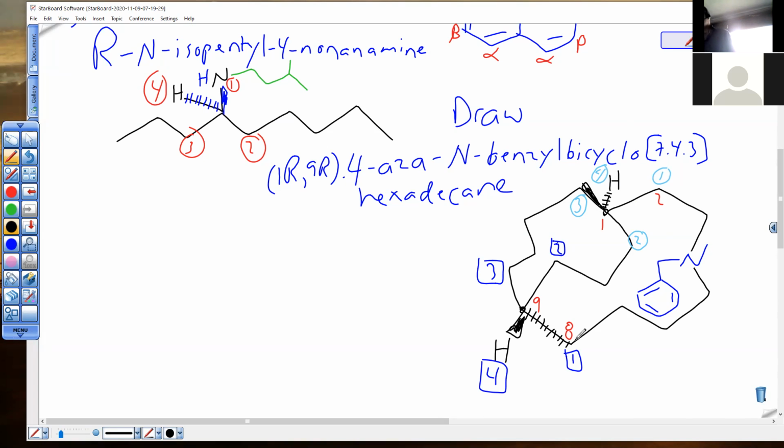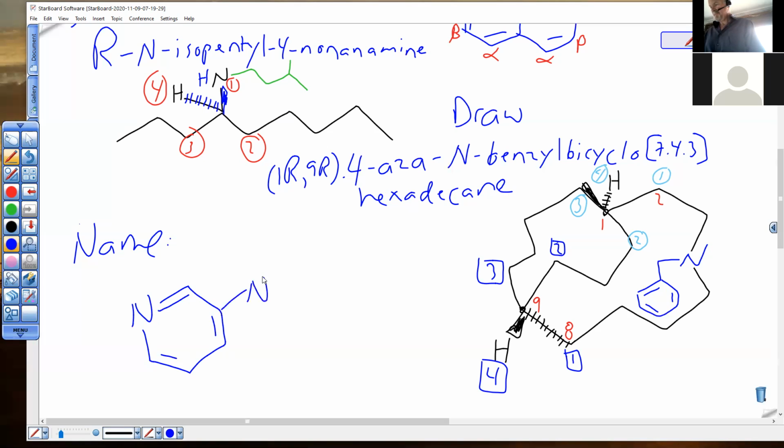And let's draw, sticking with the drawing parts, huh? How about naming? Yeah, name. And there you go. That's one of our rings that we're supposed to know about, called what? Azabenzene?